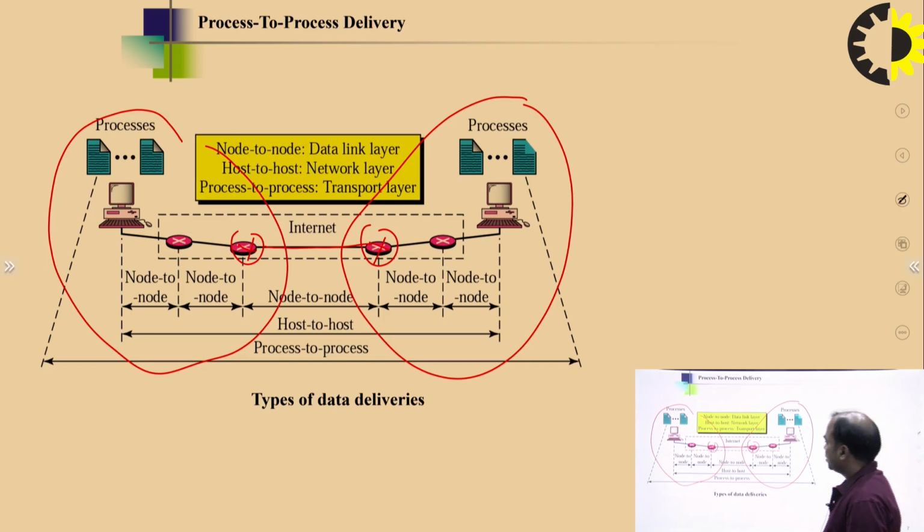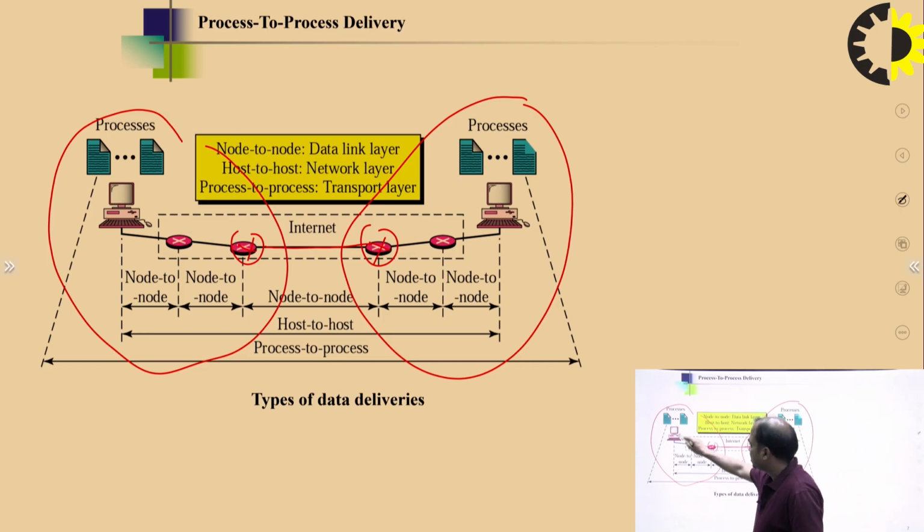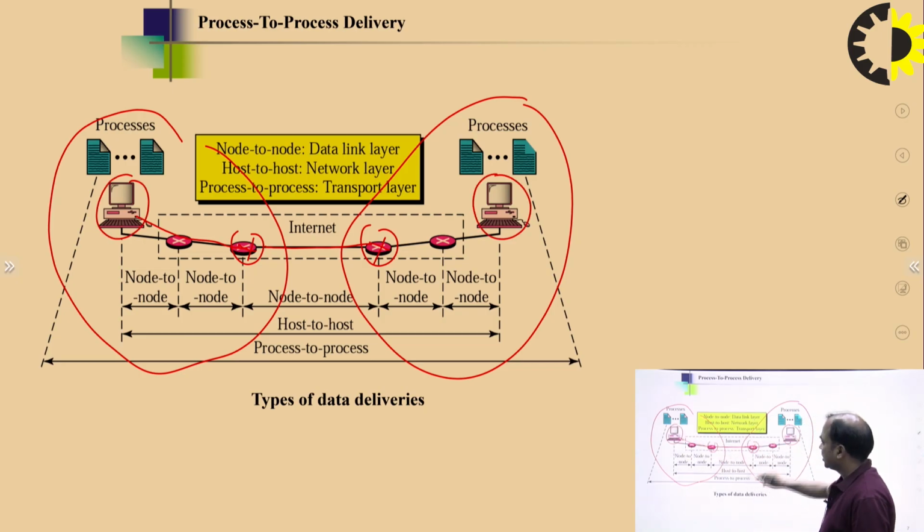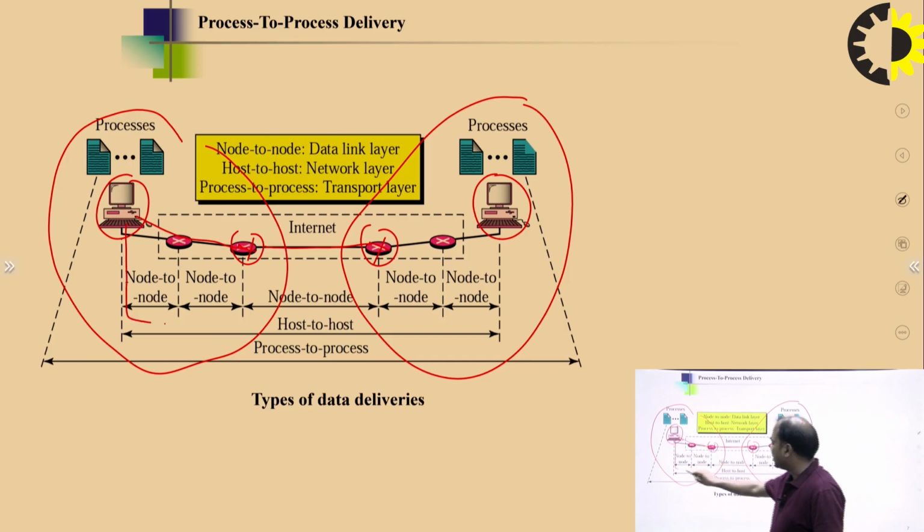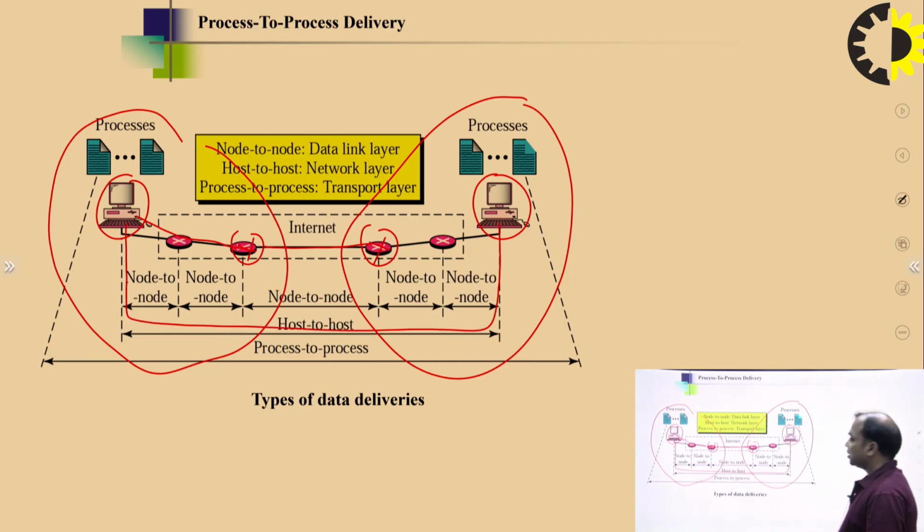Next is host to host, meaning the systems. From a router we connect some systems. There are several routers, all connected node to node. Next there is a system, a server or a computer, and this computer is again connected with another computer. This is host to host connection. But we are focusing on process to process connection.